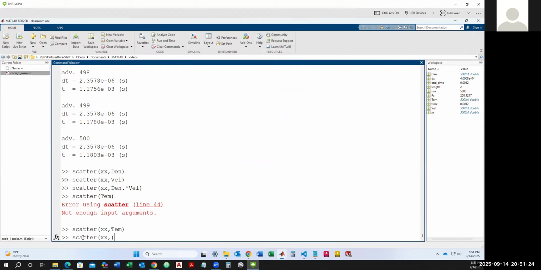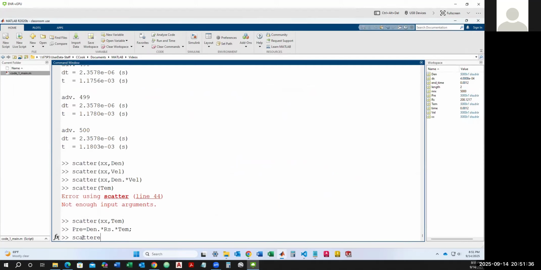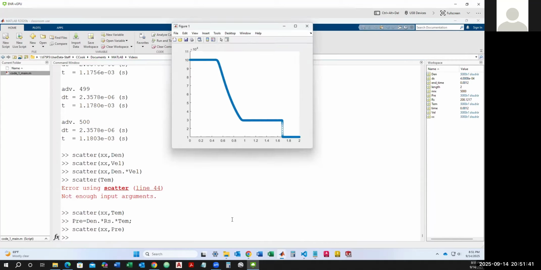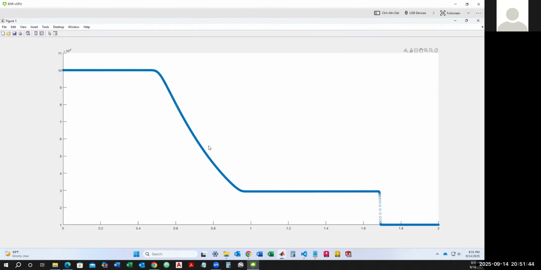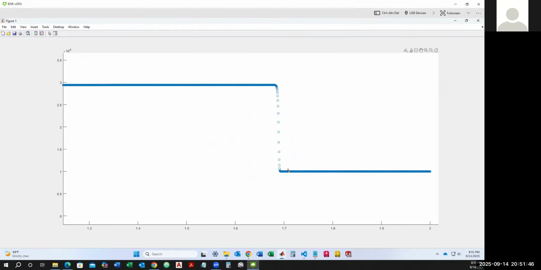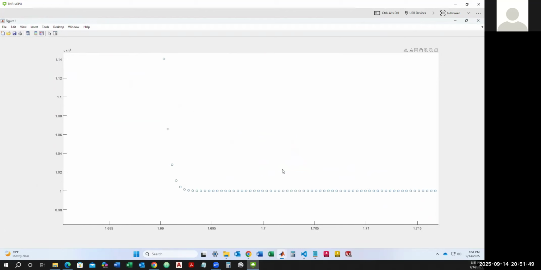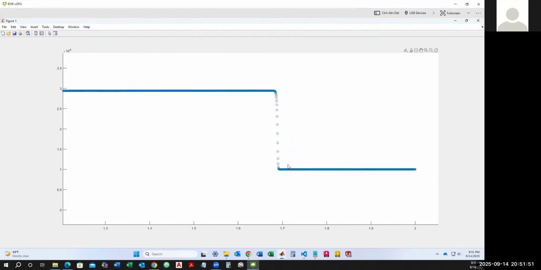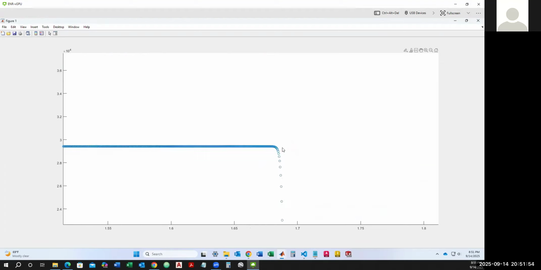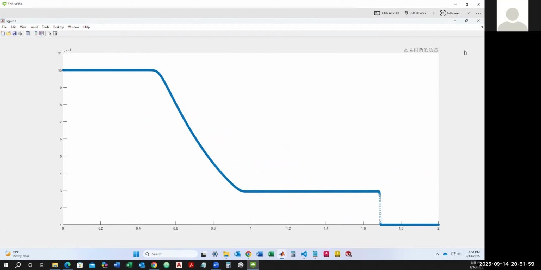I didn't save the pressure, so let's do this: pressure is going to be the density times the specific gas constant times the temperature, rho R T. Here's the pressure, and I'm going to go scatter. Here's the shock wave. Everything checks out. Really smooth.